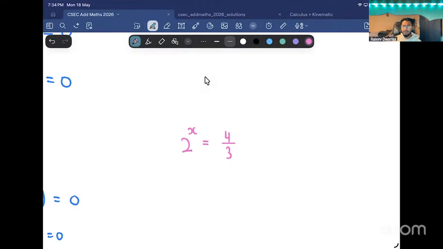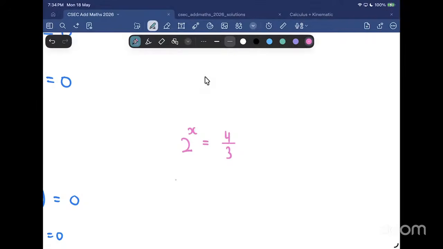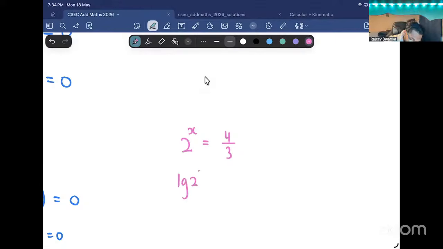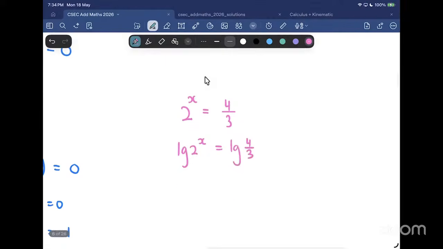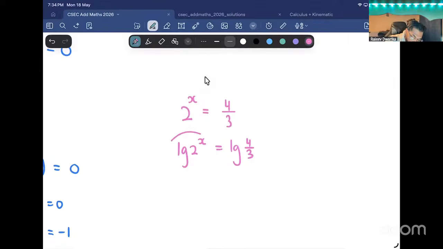But before I could do that, I have to apply logs on both sides. So that'll be log 2 to the x is equal to log 4 by 3. Now I can take the x and bring it to the side. So that'll be x log 2 is equal to log 4 by 3. And I want to find x, so I now divide both sides by log 2.